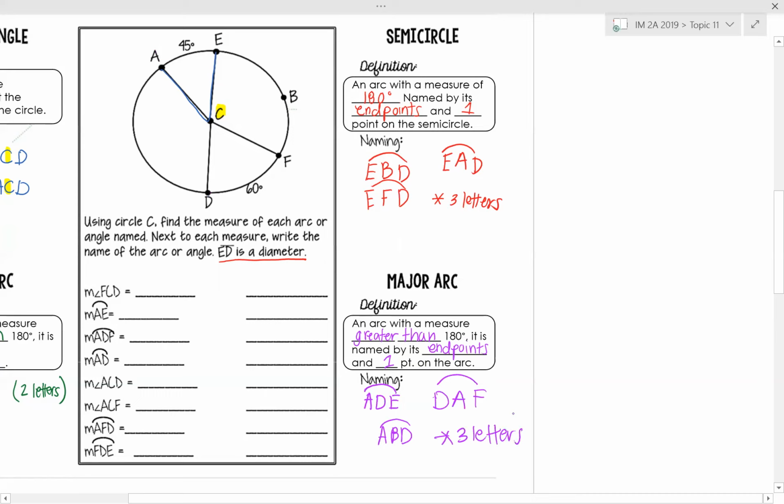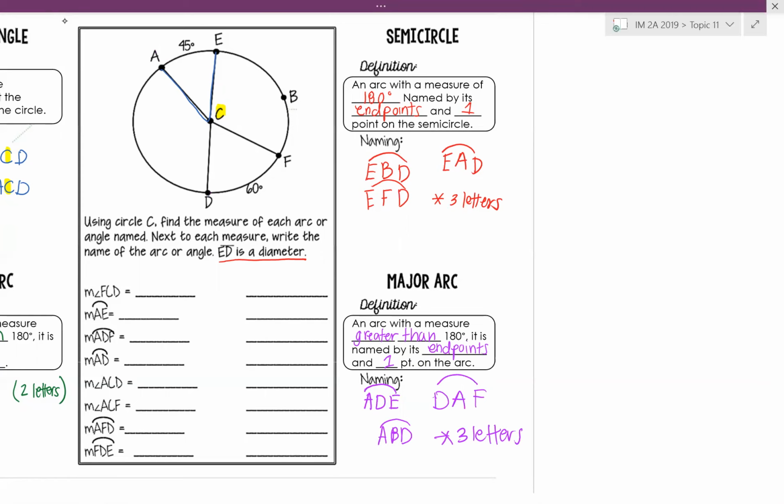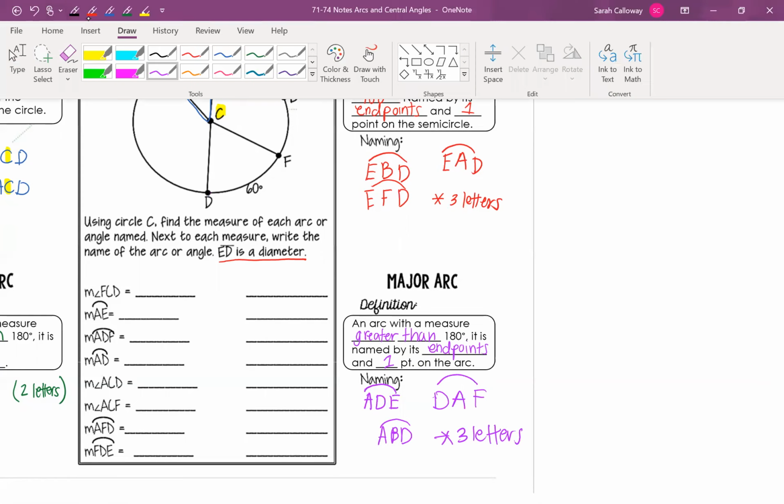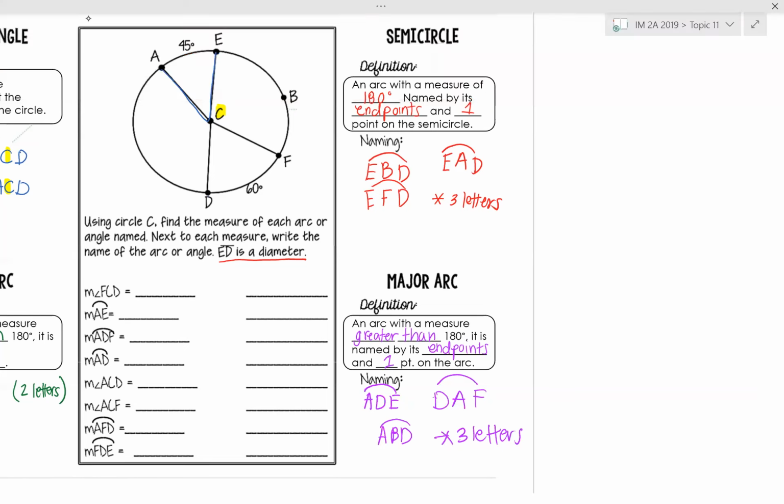Okay, so we've got central angles and arcs. They use the same degree measures. So if I'm given the measure of an arc, I can use it to find the measure of its corresponding central angle. So let's go through and look at this. The only things that we know is that arc AE is 45 degrees and arc DF is 60 degrees.